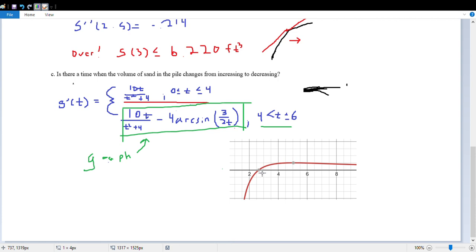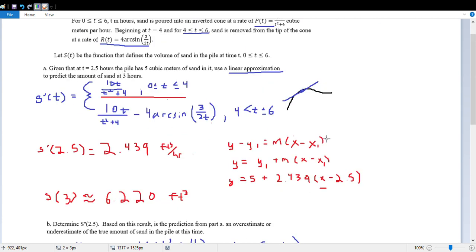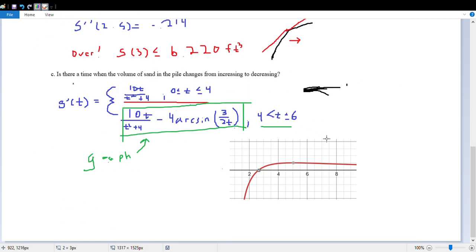It's 0 over here, but that's before we're using the time t equals 4. So yeah, there's not going to be a time where it switches. It definitely is going to be decelerating, but it's not going to be 0 at any time. So we can just say no to that one.